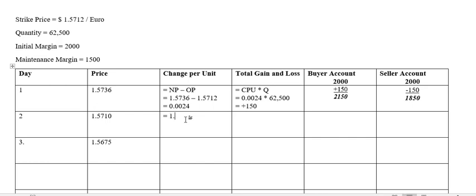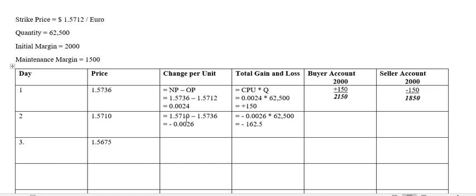Our new price for the second day is 1.5710, while the old price would be yesterday's price, which is 1.5736. This time the difference is a negative value, minus 0.0026. If I want to know the total gain and losses, I will multiply this change per unit with the quantity 62,500, and our total change will be minus 162.5.